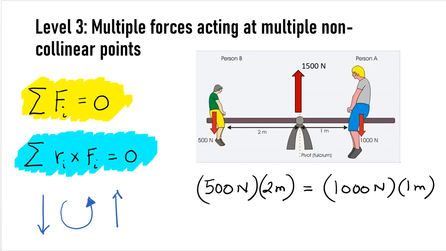Mathematically, this is the cross product between the distance and the force as vectors. Another way to see this is that the moment or torque of a force is the magnitude of the force times the distance perpendicular to the force to that point.